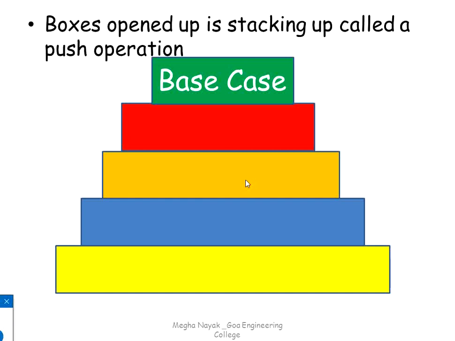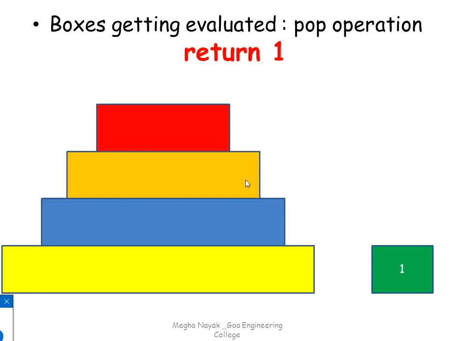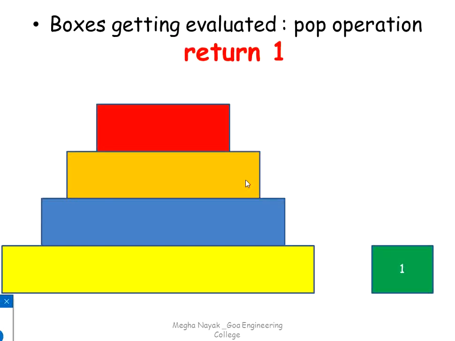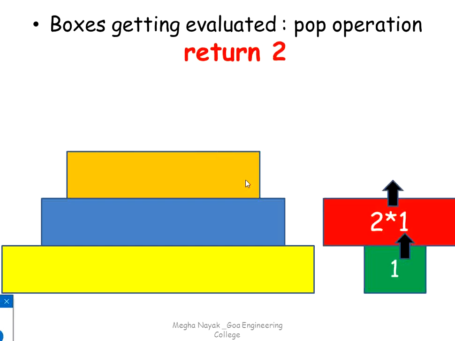Now, because you've reached a base case, you are in a position to evaluate the entire chain. The base case returns 1. Because of this 1, we can evaluate the red box. Now the red box is popped out and we can compute 2 into 1.